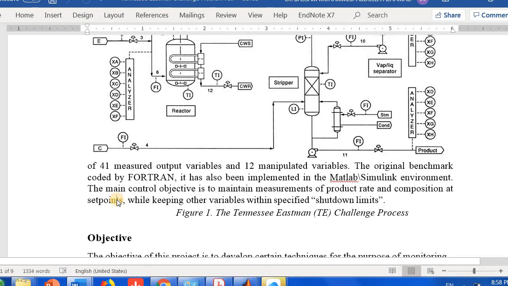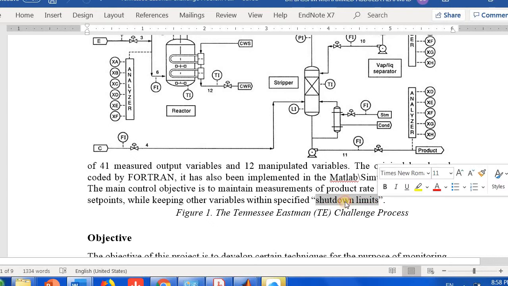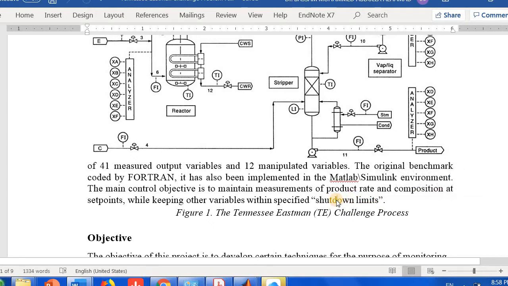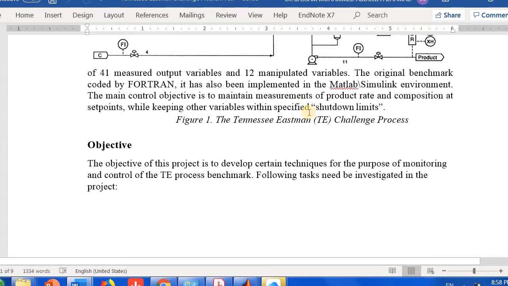So I'm going to give you the set points, and be careful to keep all the other measured variables, such as temperature and pressure, within the shutdown limits. The system should not shut down. The shutdown limit, you're going to see, is a straight line, which means that this is a shutdown limit. Something like that doesn't move.